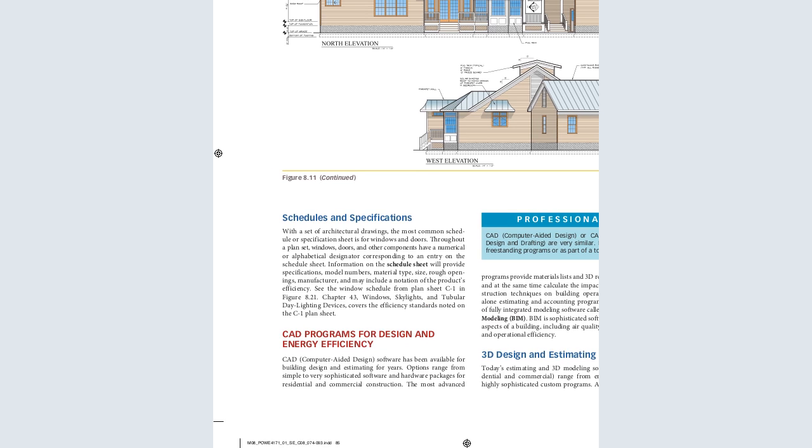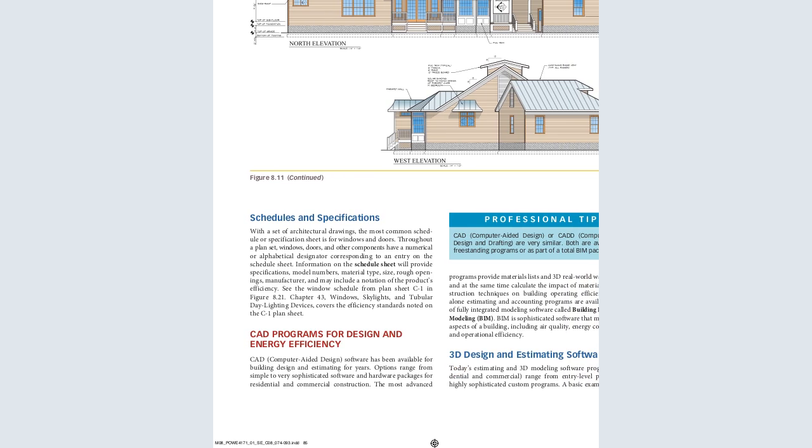shown. So, the CAD programs for design and energy efficiency. The computer-aided design software is used to do these designs for electrical, structural, architectural, civil, and mechanical work. They are using AutoCAD. And when you were in your module 1, you did the AutoCAD design and you saw how to use the software.